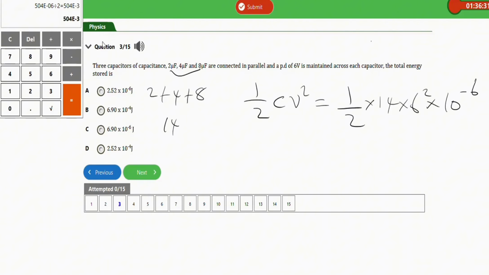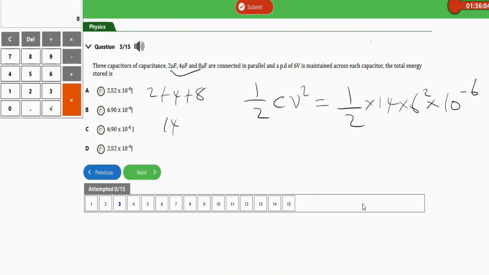So this is the output. Now note that this calculator we have here is not scientific. When you punch this on a scientific calculator, you're going to have an output of 2.52 times 10 to the power negative 4. So the right option in this question is option D. This value in option D is equivalent to what we have displayed on this JAMB calculator. So the right option is option D, 2.52 times 10 to the power negative 4 joule. That's it for this question.